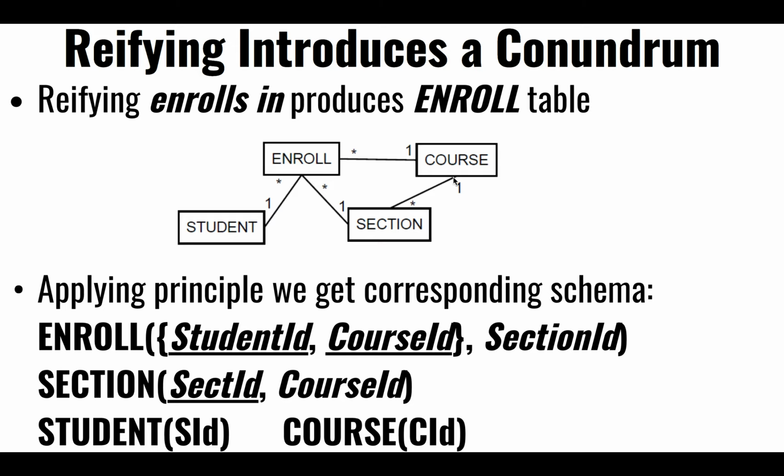The uniqueness of our primary key is a combination of student and course, and then we're pointing to the section ID. We're pointing to the section ID, the course, and the students, and we're enforcing this combination, so that it can only ever happen that one student is in one course, and you cannot be in the same course twice. Okay.